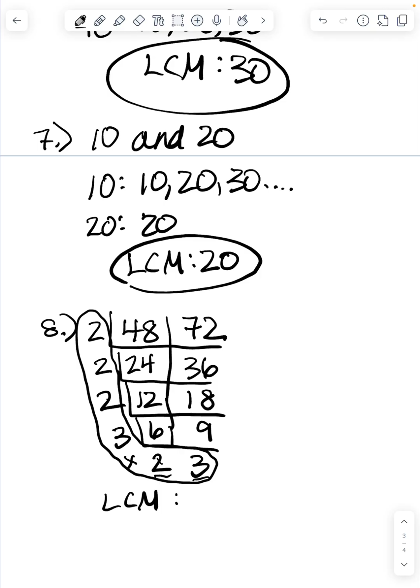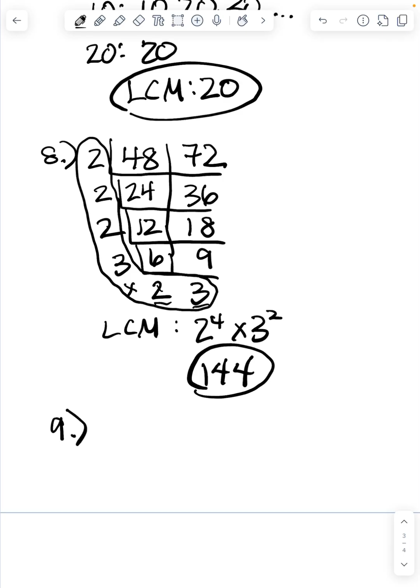So this is going to be 2 to the 4th times 3 squared. And let me just double check what I have here on my calculator. So 2 to the 4th times 3 squared gets me 144.